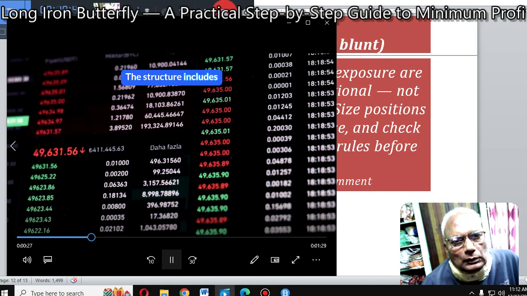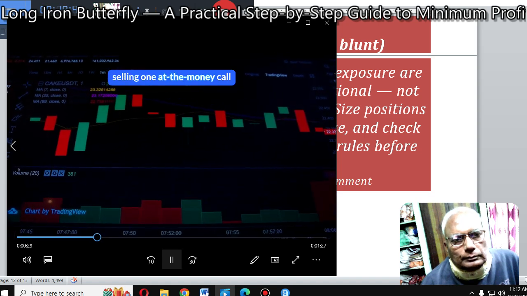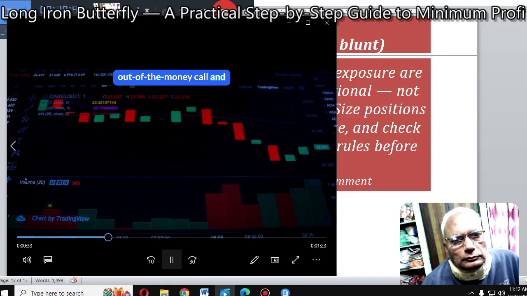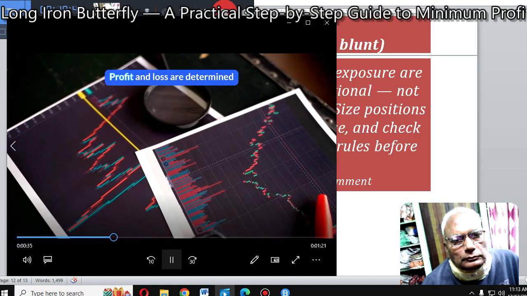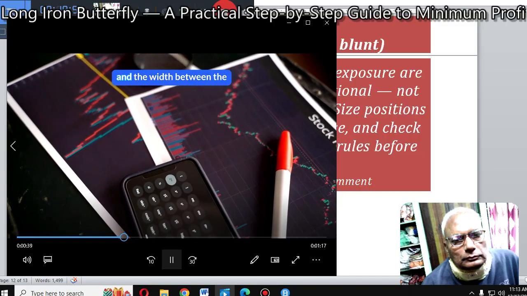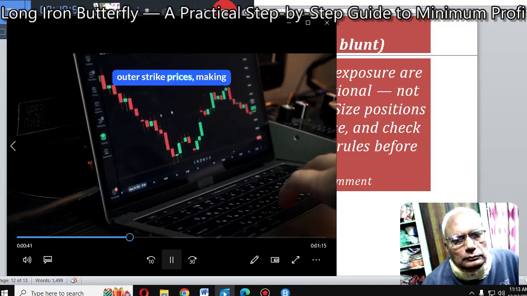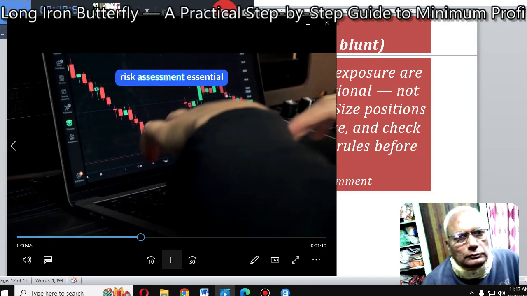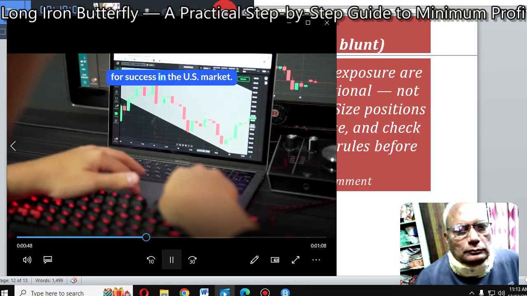The structure includes selling 1 at-the-money call and put, while buying 1 out-of-the-money call and 1 out-of-the-money put. Profit and loss are determined by the net credit received and the width between the outer strike prices, making careful asset selection and risk assessment essential for success in the U.S. market.